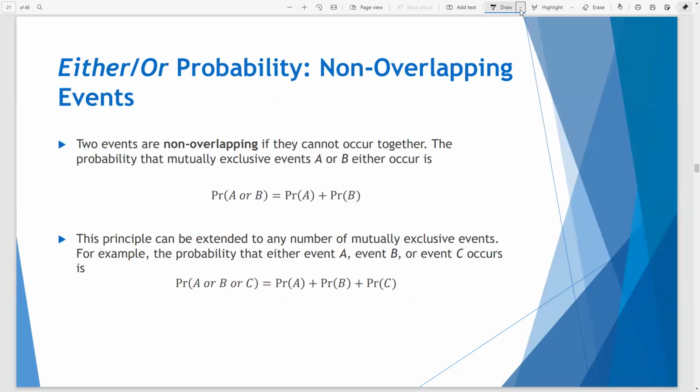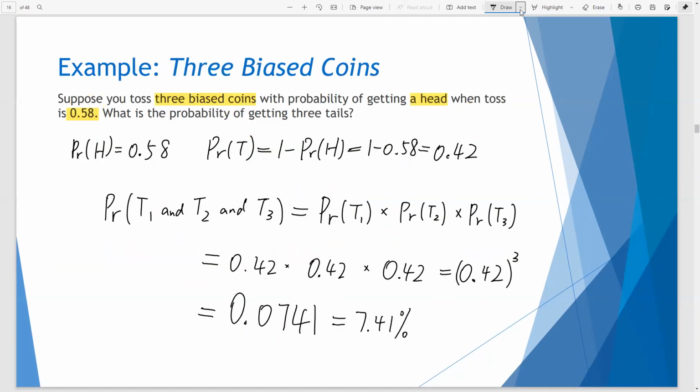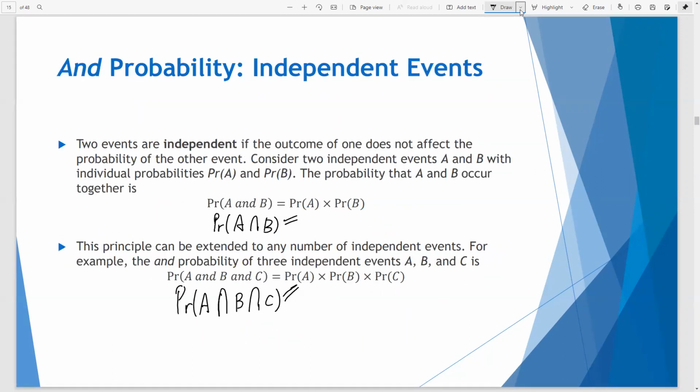Right, then the next one is either-or probability. That's non-overlapping events. Before is the and probability.